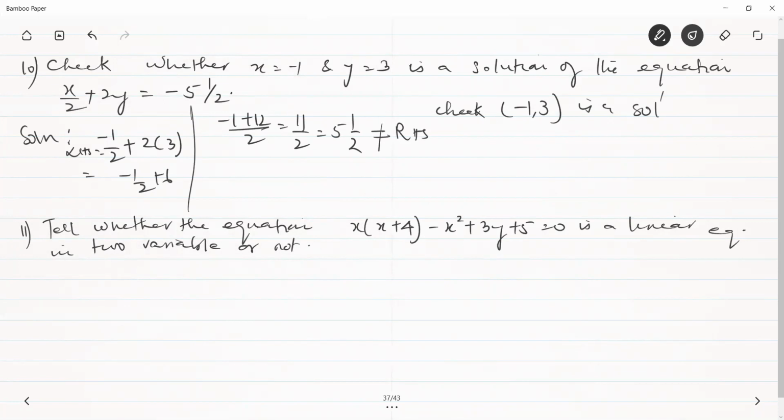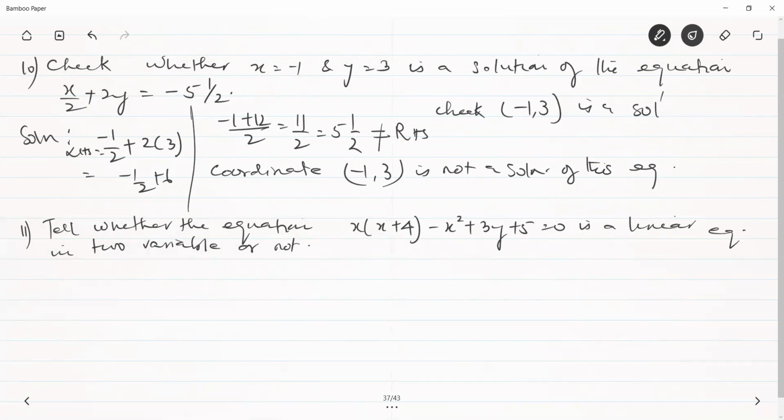So you can say therefore x is equal to minus 1 and y is equal to 3, or the coordinate minus 1, 3, is not a solution of this equation.